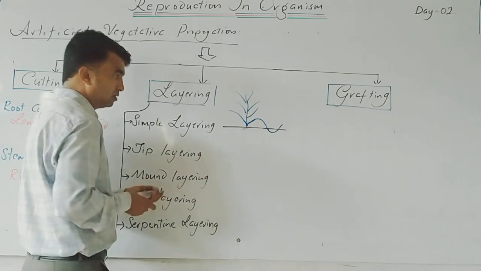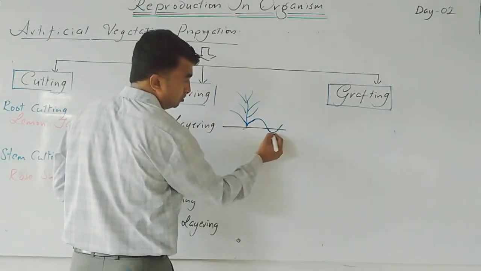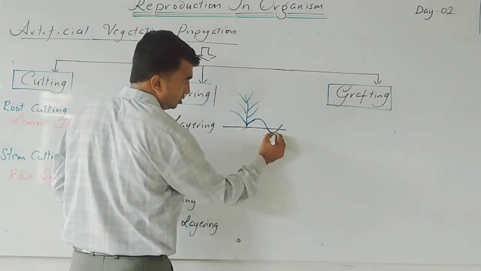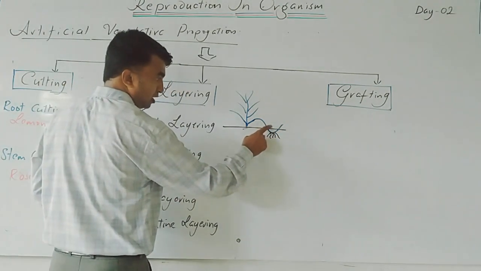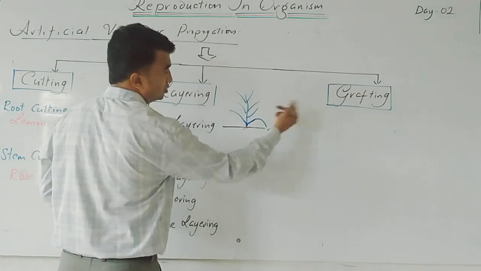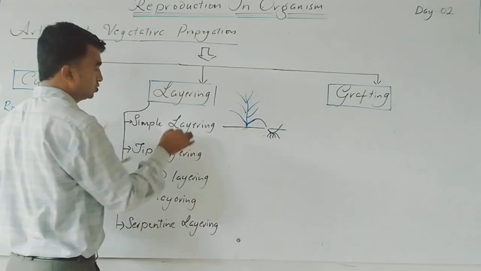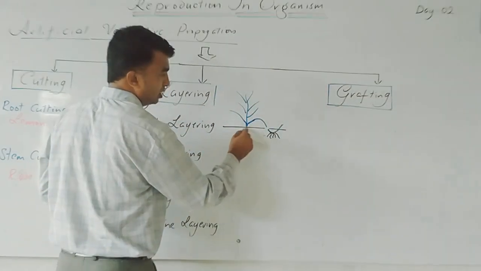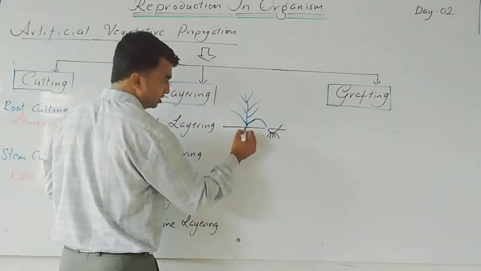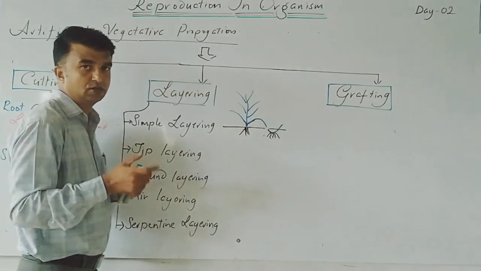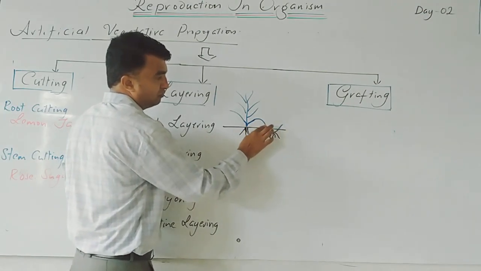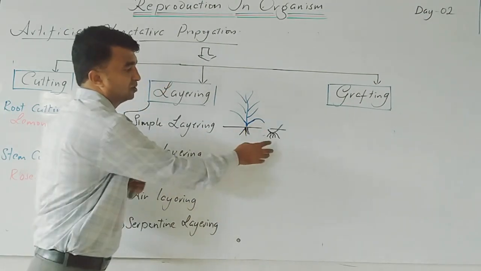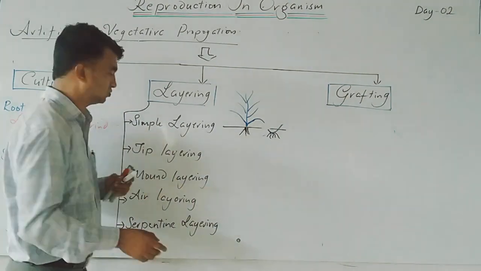After some time, when the injured part is exposed to the soil, it produces roots. Then we cut this one. This portion is used as another plant. So simple layering means a small notch or wedge is created on the lower branches of the stem and it is buried under the soil, and then one more new plant is produced. This will produce adventitious roots.